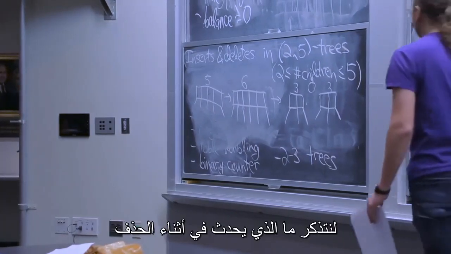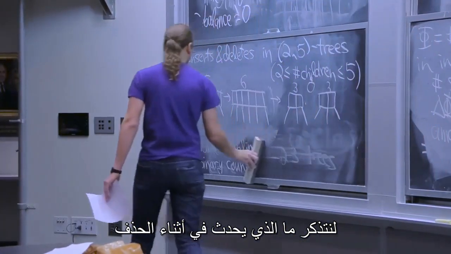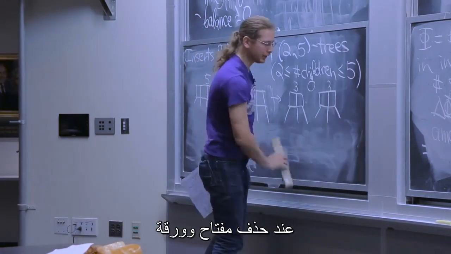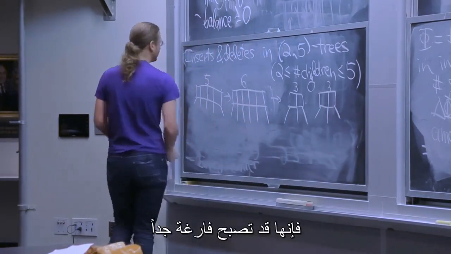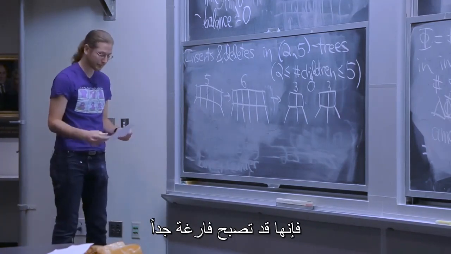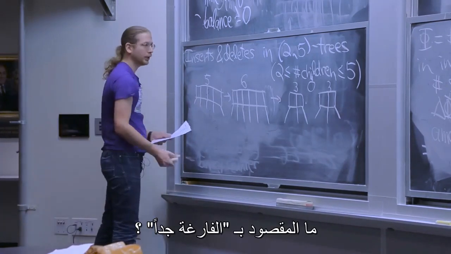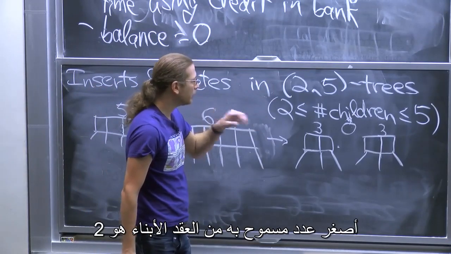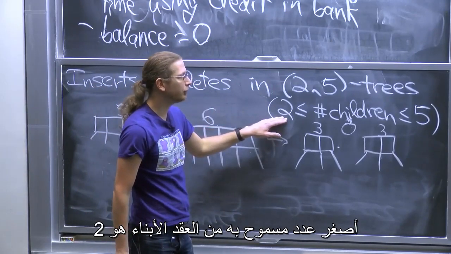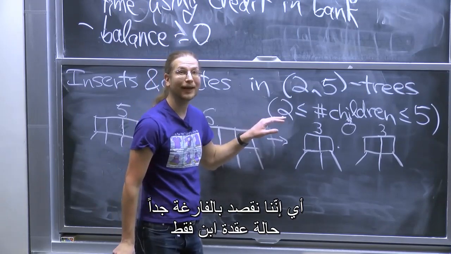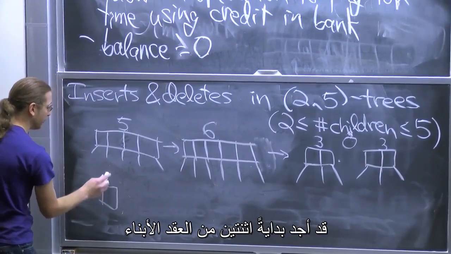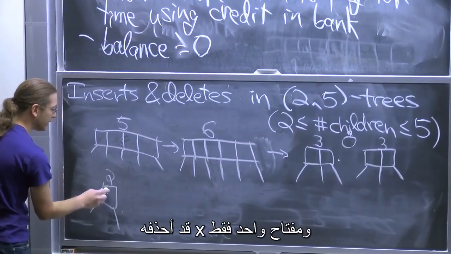So let's remember what happens with a delete. So if you just delete a key in a leaf, the issue is it may become too empty. So what's too empty? Well, the minimum number of children we're allowed to have is 2. So too empty would be that I have 1 child. So maybe initially I have 2 children, and I have a single key, x.